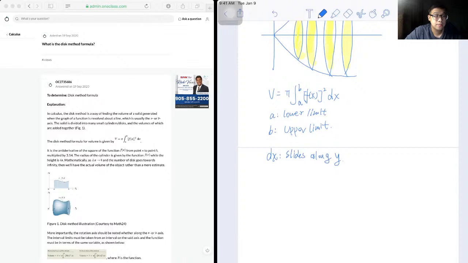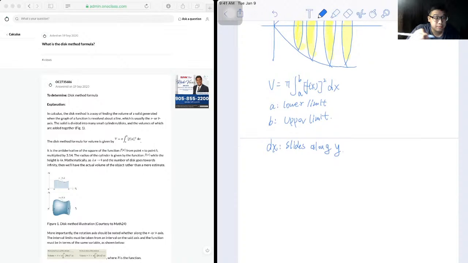So by knowing that, as we mentioned above, normally we just rotate it around the x-axis and y-axis, and so now I'm going to show the horizontal axis of revolution and the vertical axis of revolution.